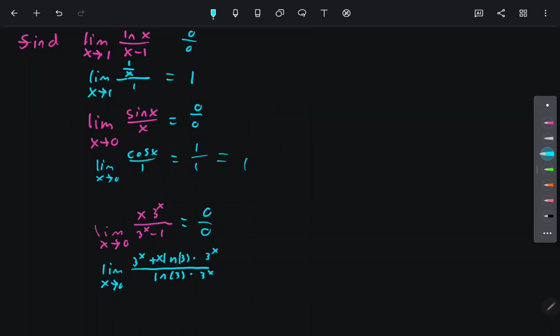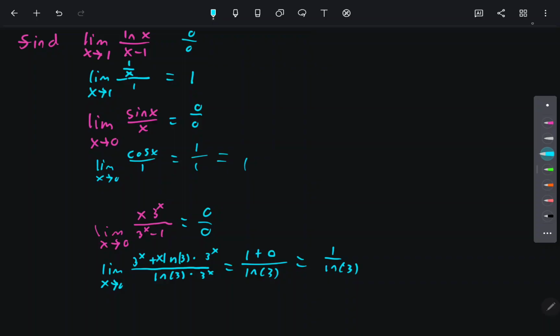Well, now if I plug in, or sorry, 0, in the numerator, we get 1 plus, well, we have 0 times all the rest of this evaluates to 1, so that's just 0, divided by the natural log of 3. So our answer is 1 over the natural log of 3.